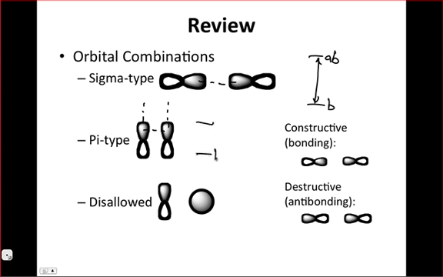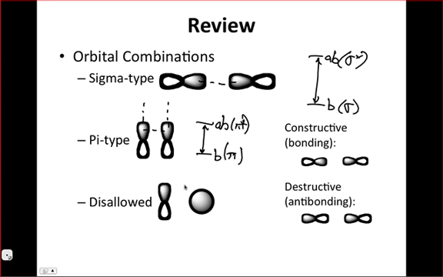So what we would see is the splitting between the bonding and anti-bonding orbitals for pi type overlap is less than the splitting we observe for sigma type overlap. Remember, we label these orbitals with either pi or sigma depending on the type of overlap involved.